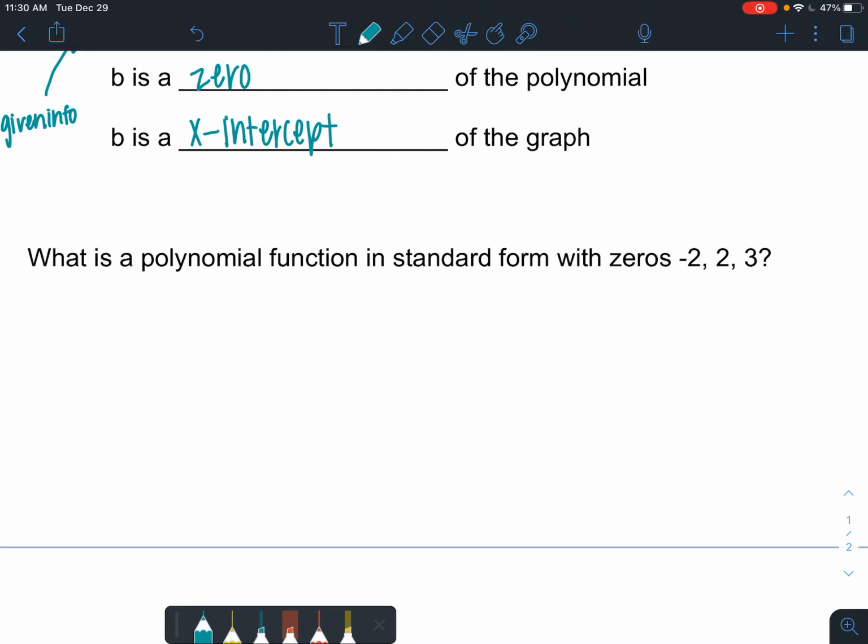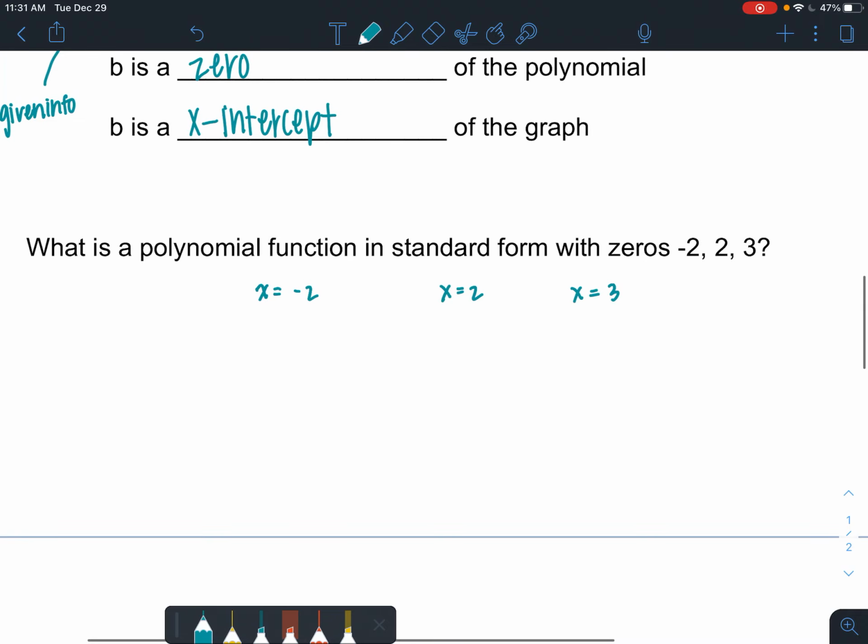Okay, so if I have these solutions, x equals negative 2, x equals 2, and x equals 3, then I want to work backwards so I get something with these parentheses in the end. Well, we usually have something that's set equal to 0.